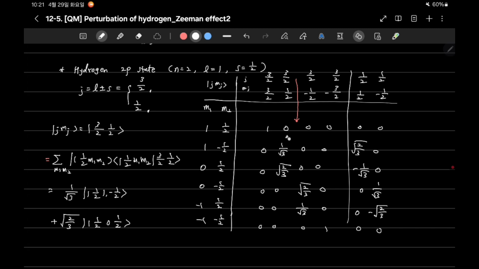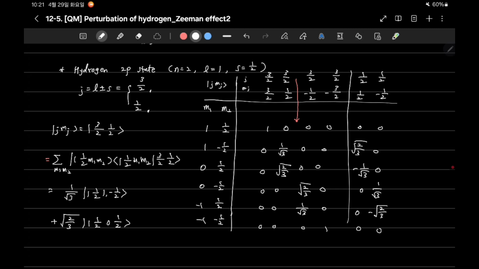Then the non-zero expansion is 2 terms. When it is 3/2 and minus 1/2, the non-zero terms come to this, and the basis should be in the 1/2, 0, minus 1/2, and these two coefficients should correspond to this one.